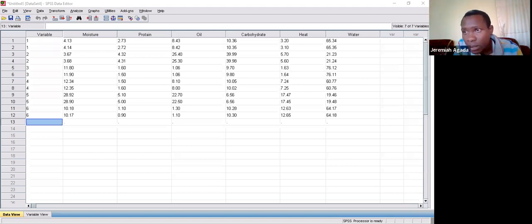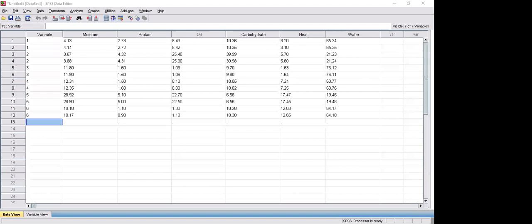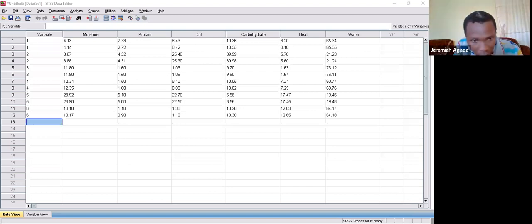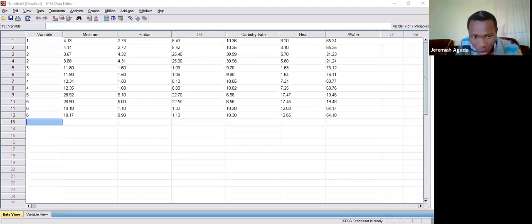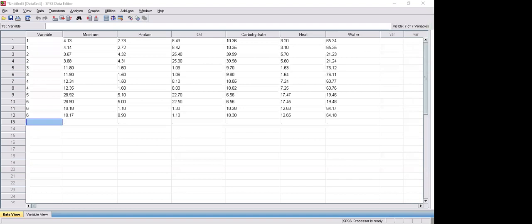Can you scroll to the right? My system is not giving me room to do that here. But anyway, if you have up to water, that's what you need. The valid N is giving you a summary like total, so we don't need that now.